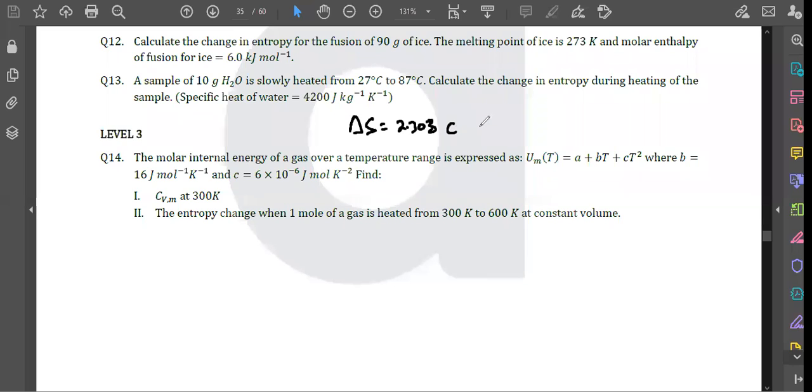So just write as C and log T2 by T1. But this C is a heat capacity. Specific heat capacity is given. Heat capacity is mass into specific heat capacity, right? So this capital C, the heat capacity, is 4200 into 10 into 10 minus 3 because it is 10 gram now. This is in kg. Okay, everyone? Got this?